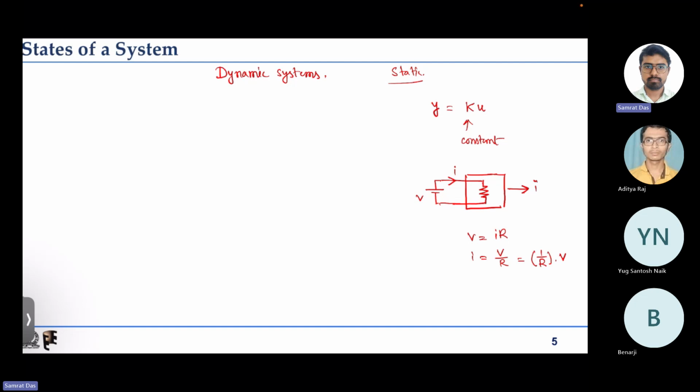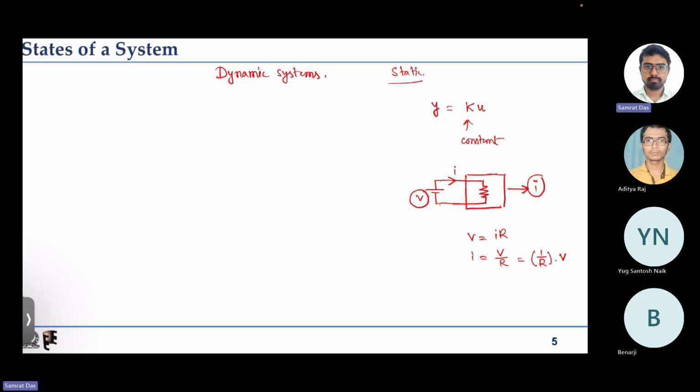So a resistance is a typical example of a static system. If we want to know the current flowing through a DC system having only resistances, we only need to know the present voltage that we have applied. If it is 10 volt and 2 ohm, you can directly tell that it is 5 ampere of current.